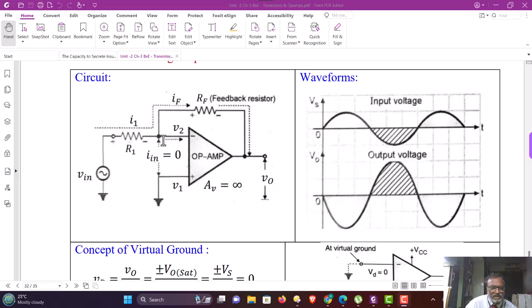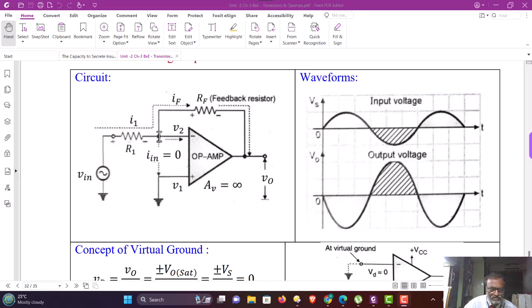It is virtually brought to the ground. And therefore, the concept is that a virtual ground is created at the inverting terminal due to the feedback component, which provides the negative feedback and maintains the inverting terminal at ground potential virtually. So in this circuit, when voltage V1 is 0, ultimately voltage V2 at the inverting terminal is also 0.